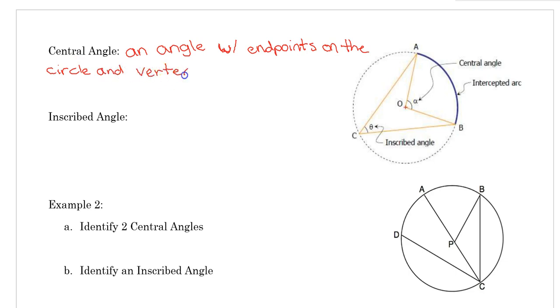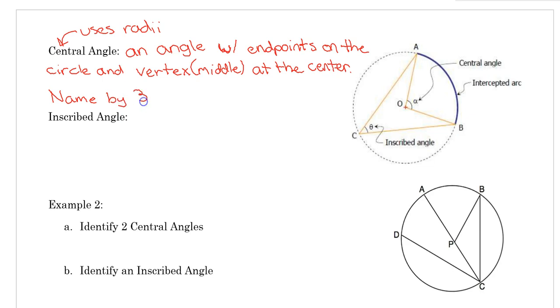The vertex is just the middle of the angle. Another way to think about a central angle is that it uses radii, the plural of radius. And a central angle is named by 3 points.